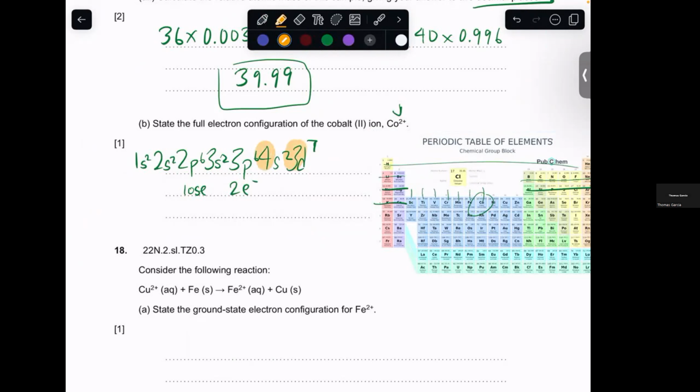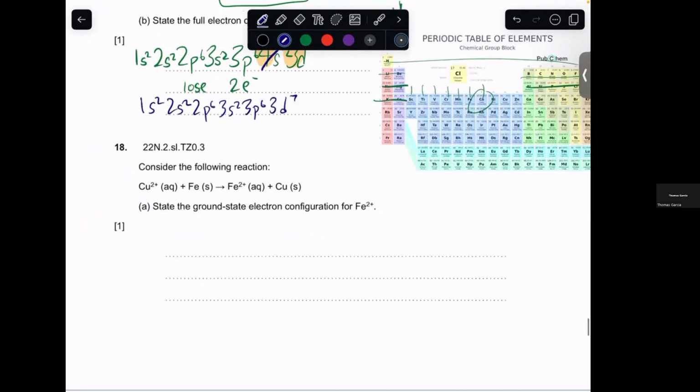In this case, you're just going to remove from 4, so we're going to lose that in our new one. It's going to be 1s2, 2s2, 2p6, 3s2, 3p6, 3d7, because we're going to lose from the 4. Honestly, when in doubt, take from the 4 before the 3. Take from the higher energy level. It'll get you the right one 90% of the time.